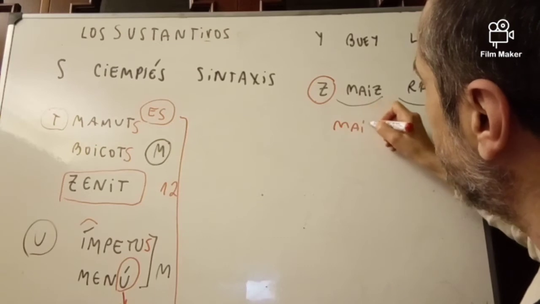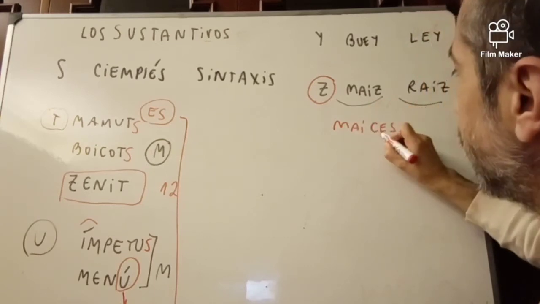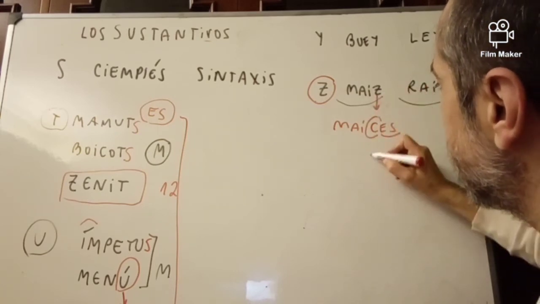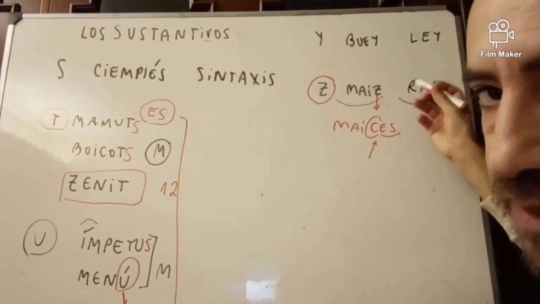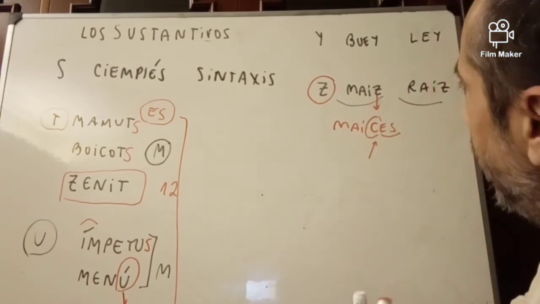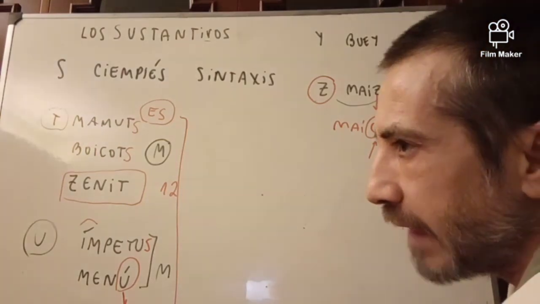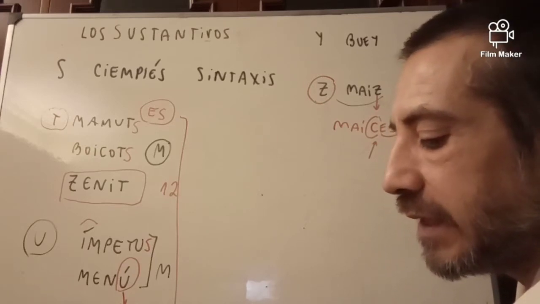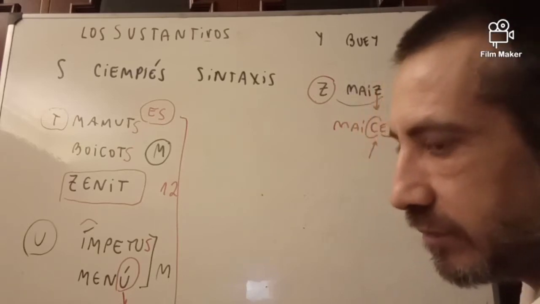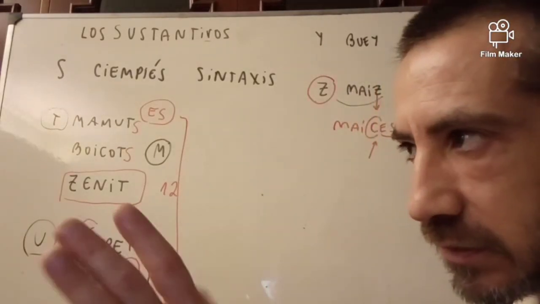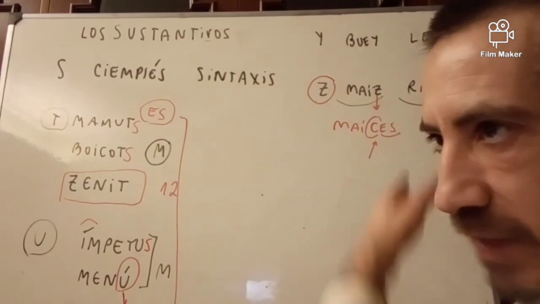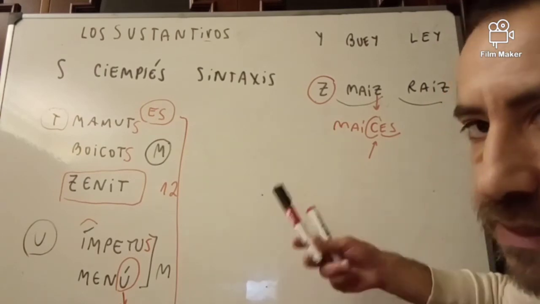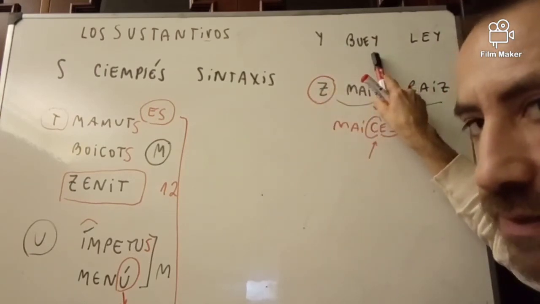If we want to say the plural, maíces, apart from adding this ending, we have to change this z for a c. Raíz is the same mechanism. In the plural, it's peculiar in Argentina, but it's a small region compared to the whole region of Spanish-speaking countries. The exception is in Argentina. In Spain and Latin America, they say bueyes, leyes.